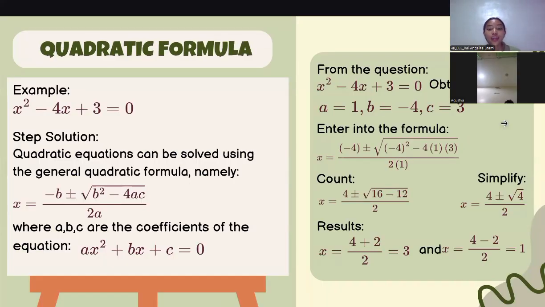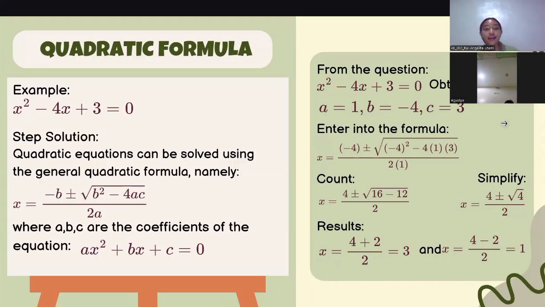Now, let's look at this slide. We are going to learn our third method, which is the quadratic formula. This formula is very powerful because it can solve any quadratic equation, even when factoring is difficult.